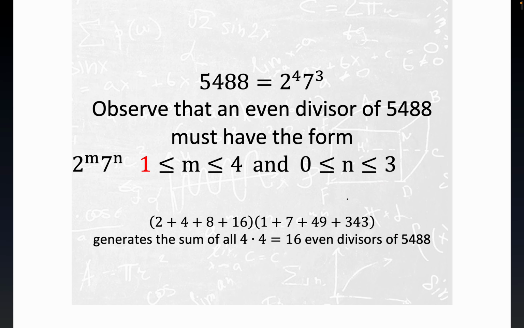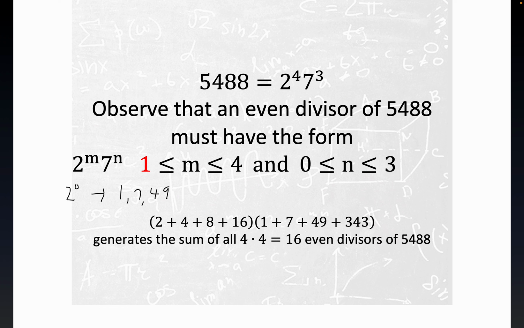If we allowed 2 to the 0, well, 2 to the 0 is just equal to 1, so you would have a 1 inside here also, not just a 2. You would have 1 plus 2 plus 4, but the 1 in here would mean that you would have the divisors 1, 7, 49, and 343.